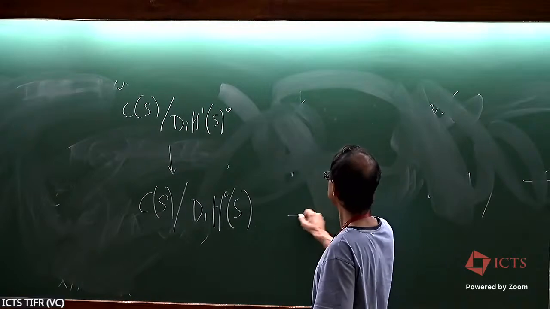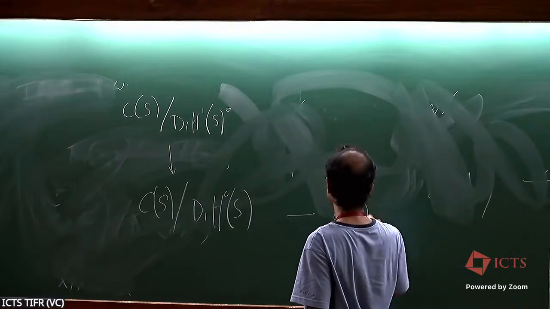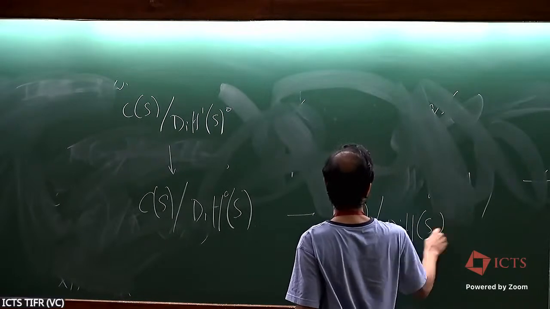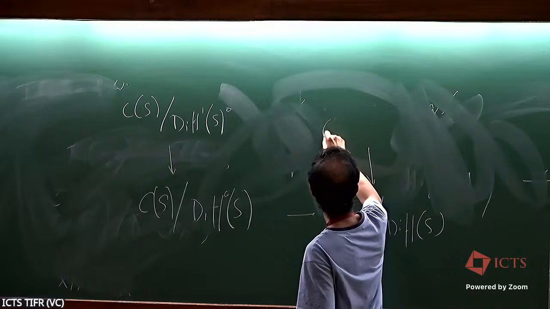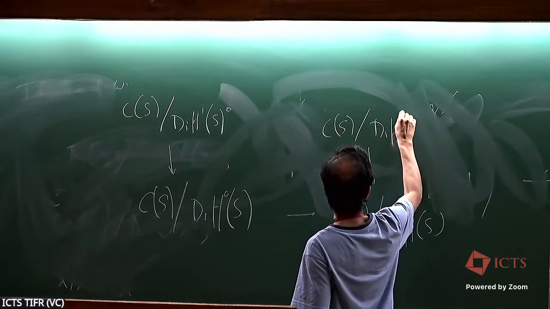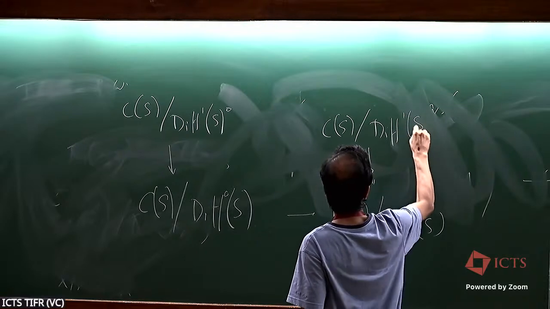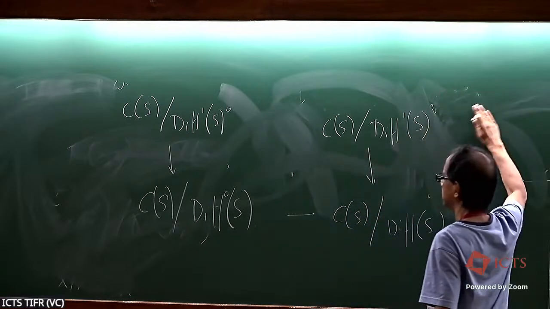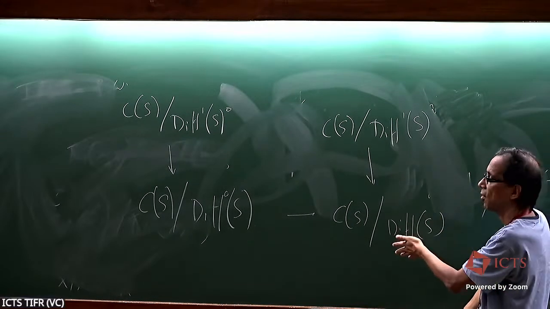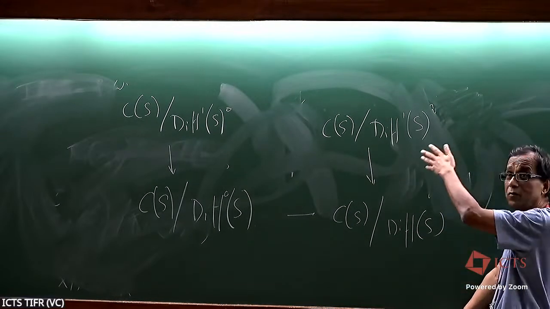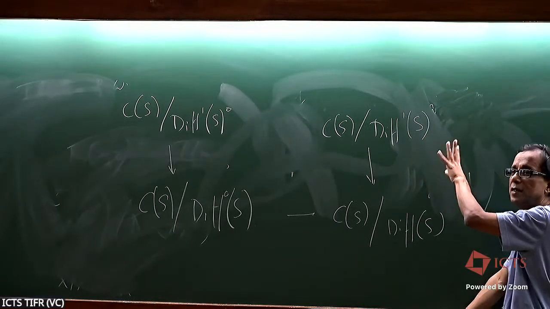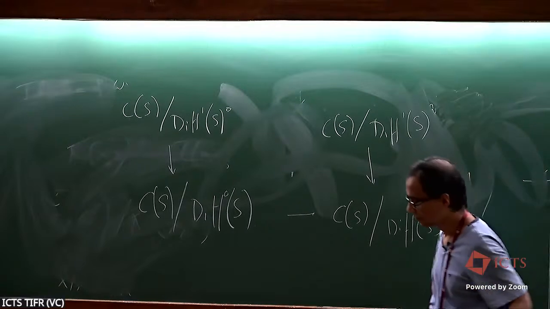Similarly, you have the universal family of Riemann surfaces on the moduli space. This is not exactly a universal family because there are some isotropies, it is only in the orbifold sense a universal family of Riemann surfaces.